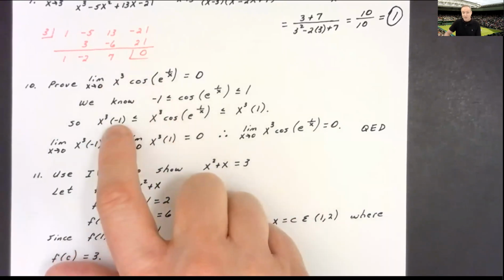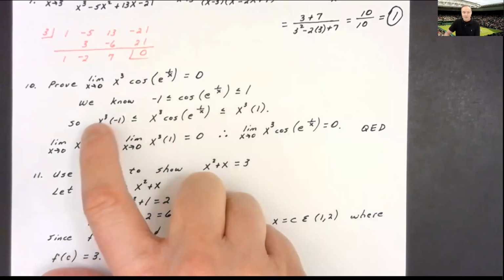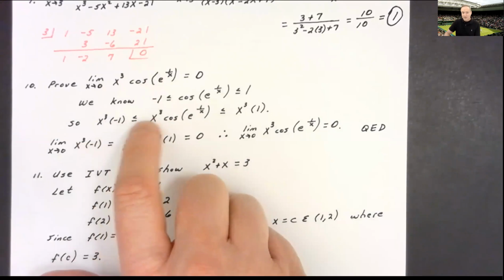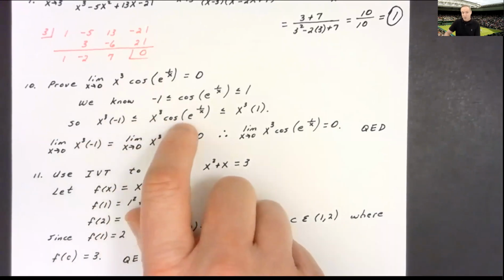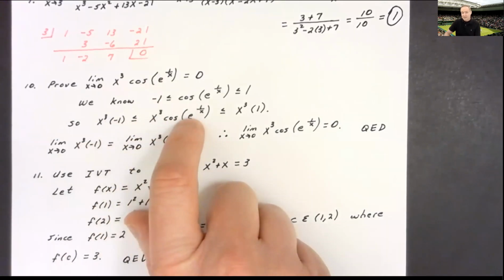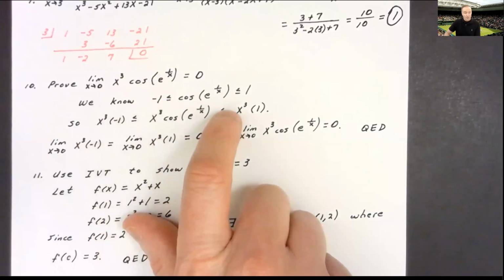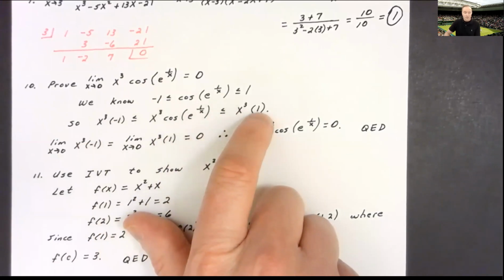That's going to create the lower function. So the small function here, or the lower function, is x cubed times -1. And we're sure that that's less than or equal to x cubed times whatever the cosine is, because the cosine is always greater than or equal to -1. So this is always going to be greater than or equal to that, which in turn is going to be less than or equal to x cubed times the largest the cosine could ever be, which is 1.